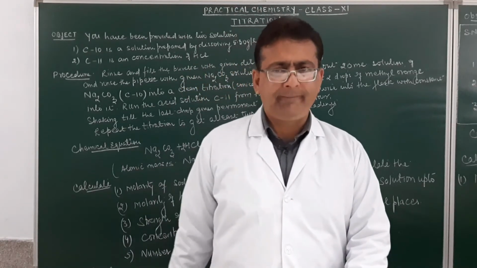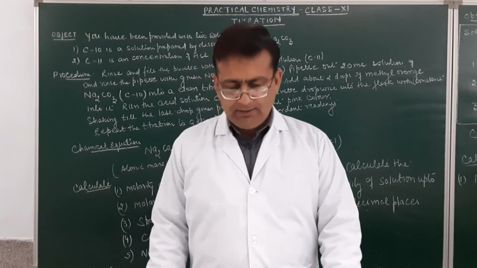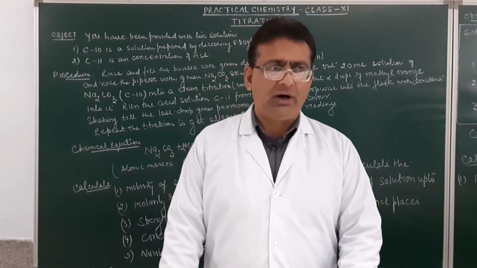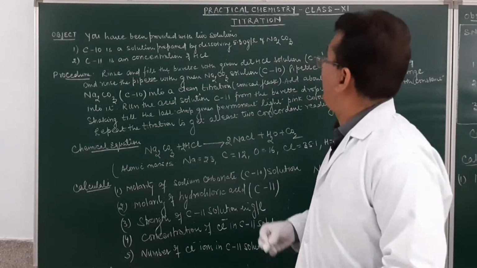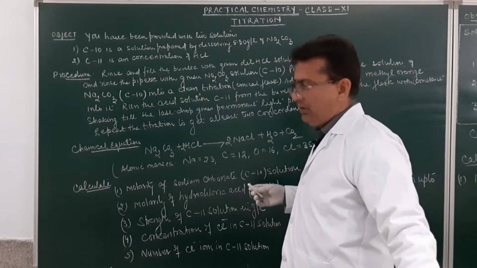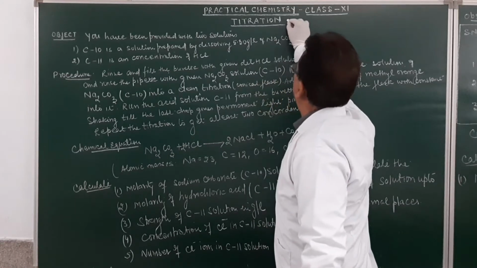Now, students, today, this is your experiment number 1 in class 11th. What you have to do? So, this is a practical titration and this will be your experiment 1.